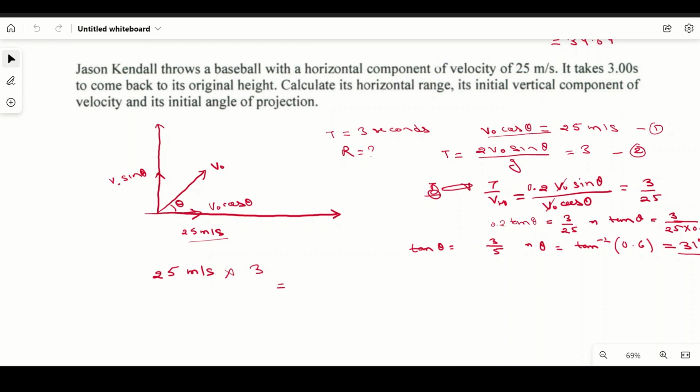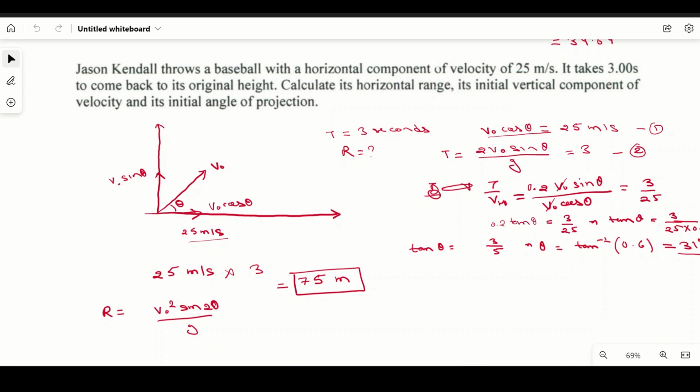So it will be 75 meter. You can easily calculate it as horizontal velocity into time, or you can also apply the formula R is equal to V naught square sin 2 theta by g. You will get the same value.